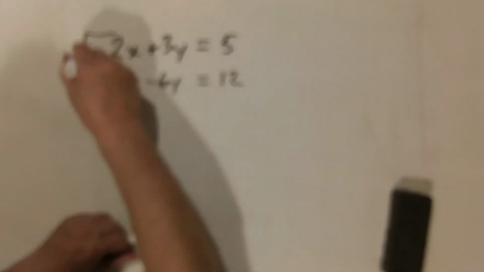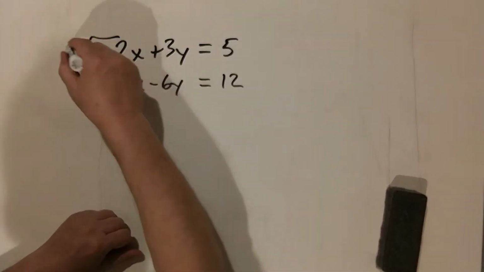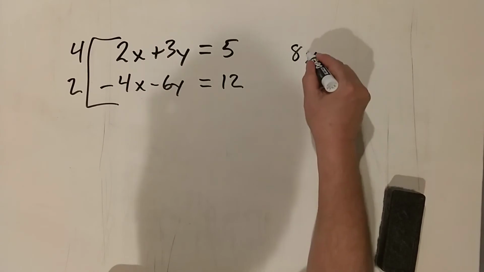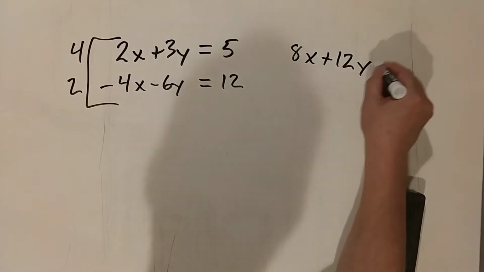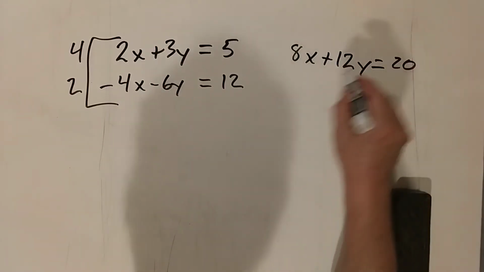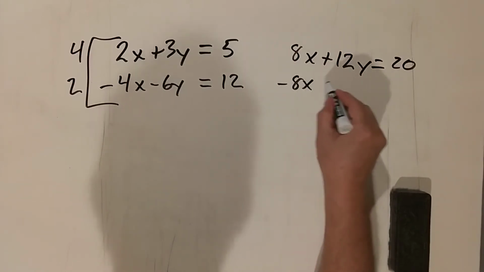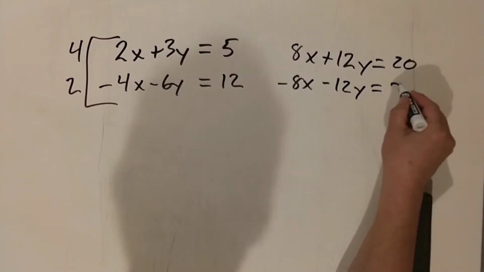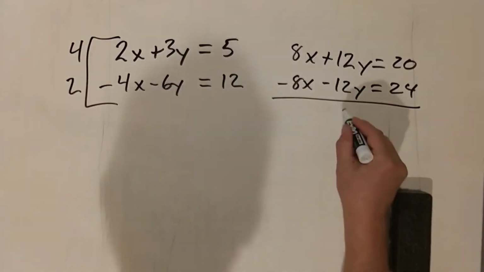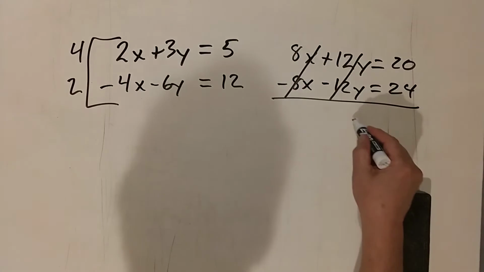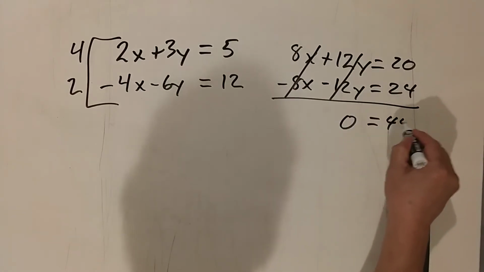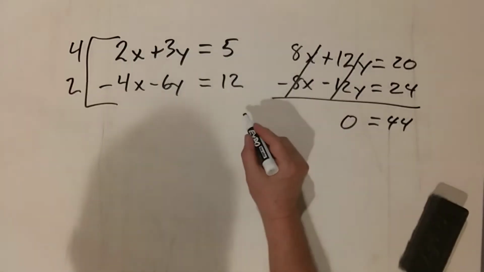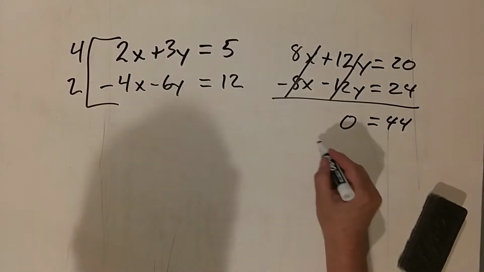When I multiply these, I multiply by 4 and 2, and that gives me 8x plus 12y equals 20, and negative 8x minus 12y equals 24. I add these together, and these cancel, and I get 0 equals 44. If this happens, you have a system which has no solution.